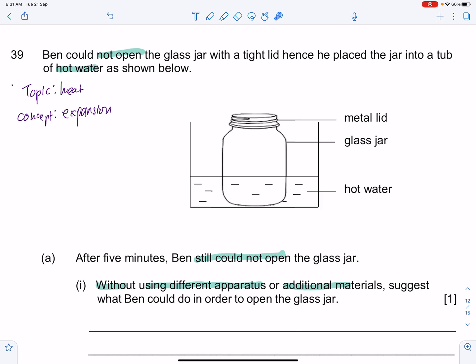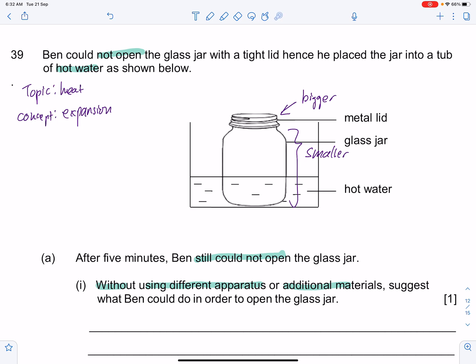So when you look at this setup initially, true, but you see, the whole idea is you want the metal lid to be bigger while you want to shrink your glass jar, right? Only then can you open up the lid.